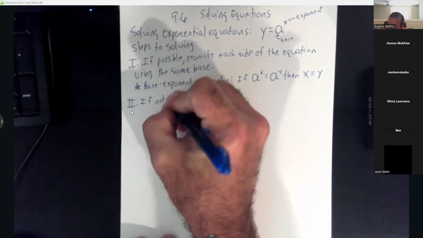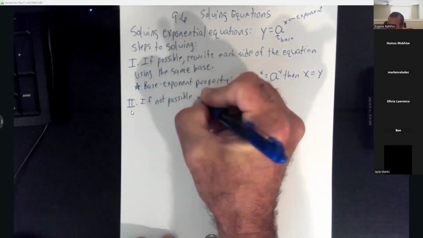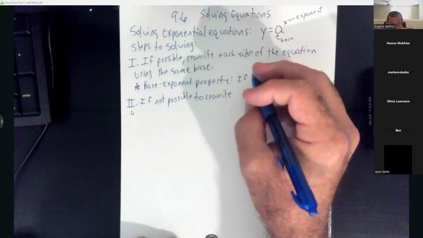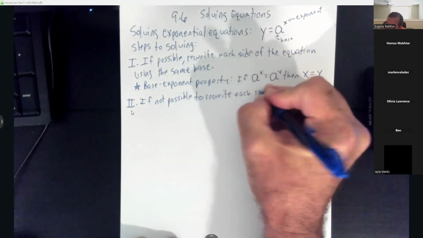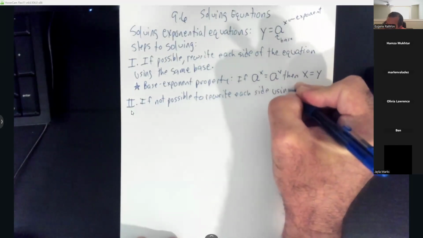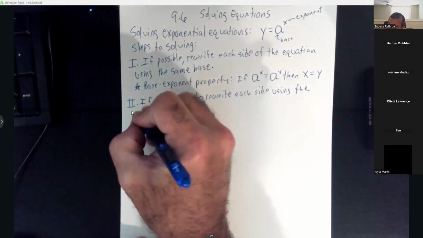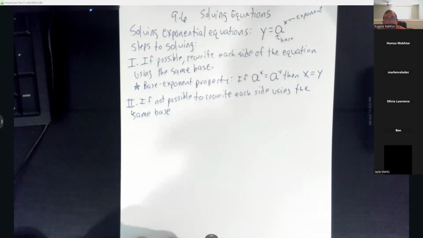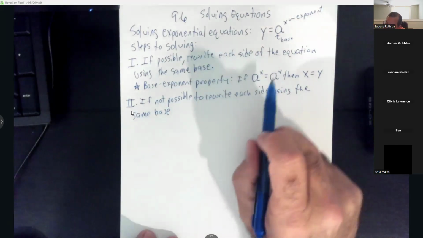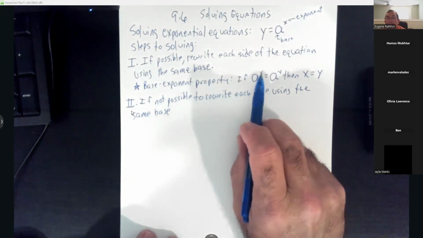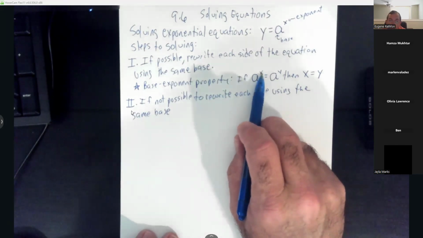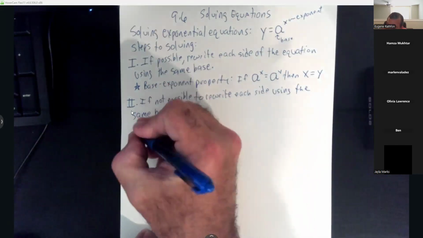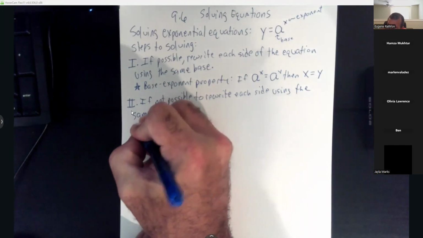So if not possible to rewrite each side using the same base, what we got to do is something that we can bring this exponent down so that we can solve for it.